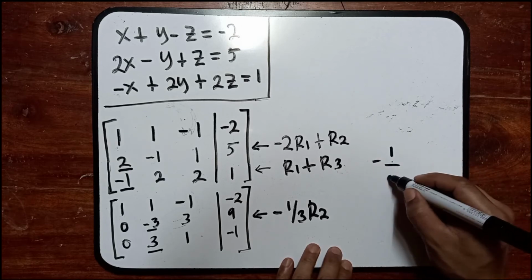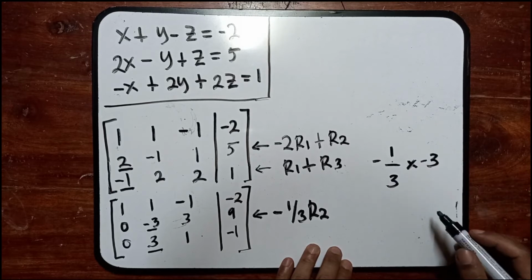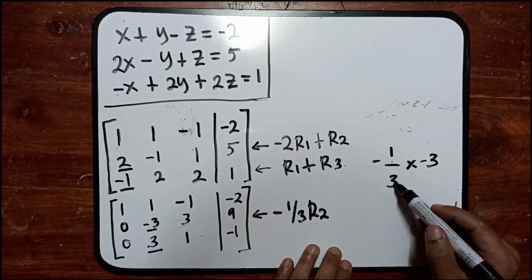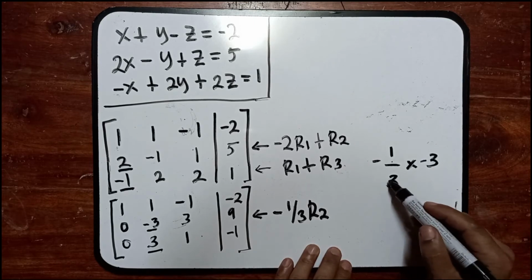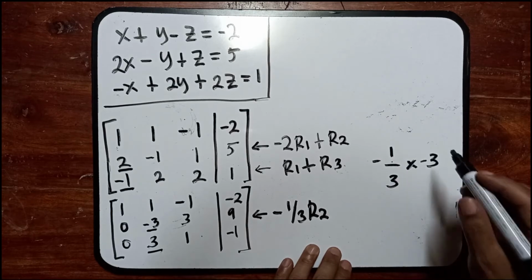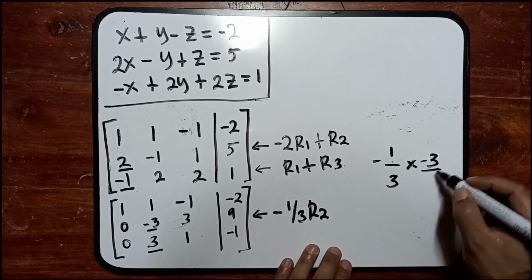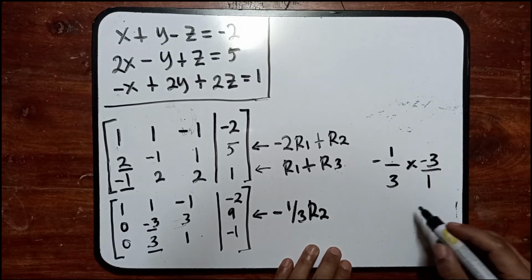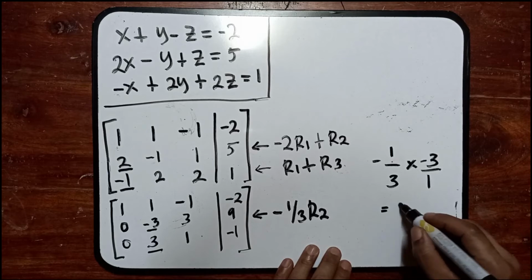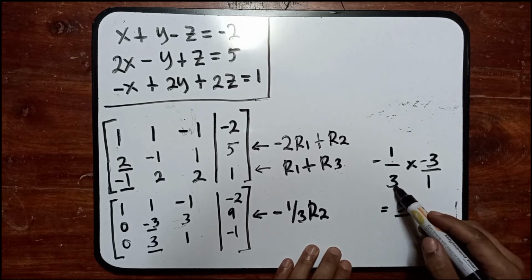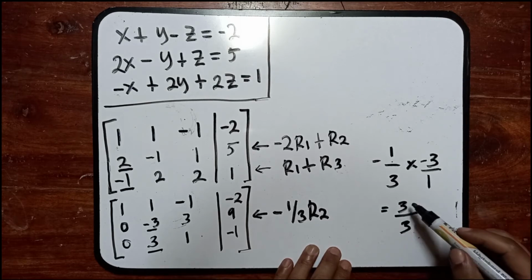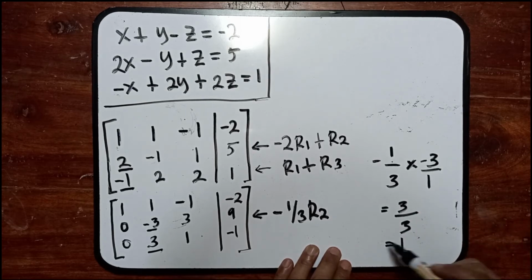So let's say we have negative 1/3 times negative 3. Negative 3 divided by 3, so we have negative 1. Negative 1 divided by negative 1, positive 1. Or we can look at it this way. Negative 1 times negative 3, this becomes positive 3. And then 3 times 3, positive, this will also give us positive. And then 3 divided by 3 will give us 1.